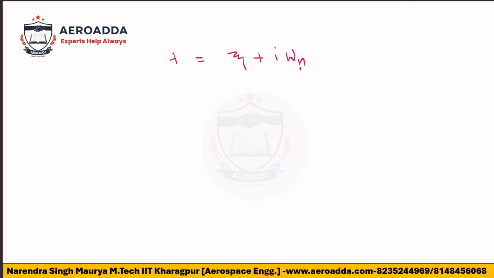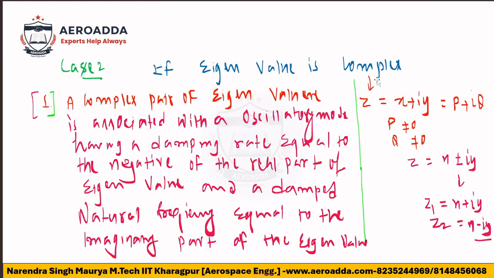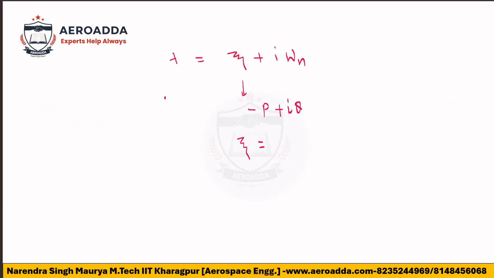Zeta, in what I explained previously, the damping rate equal to the negative of the real part, so it will be somewhat like minus p plus iq. Check the previous: the damping rate equals the negative of the real part of the eigenvalue, and the damped natural frequency equals the imaginary part. So this is one example.